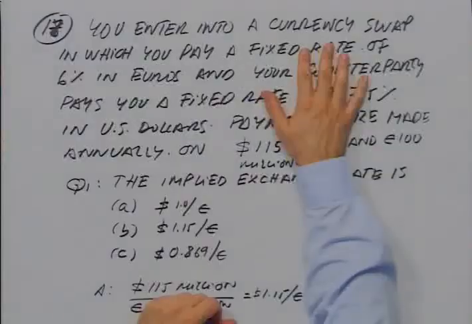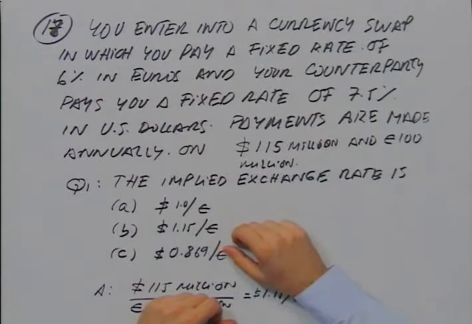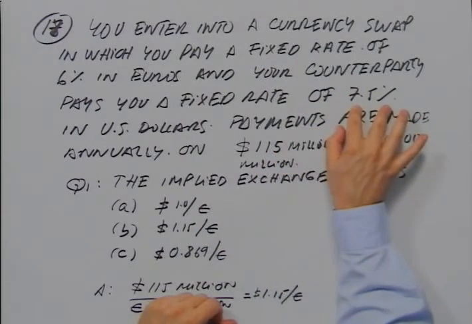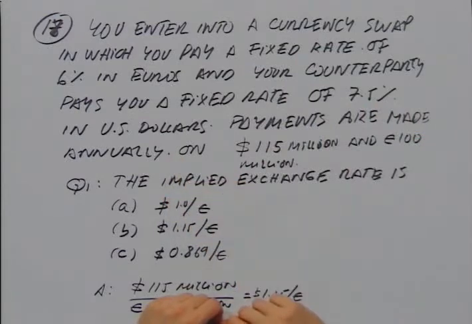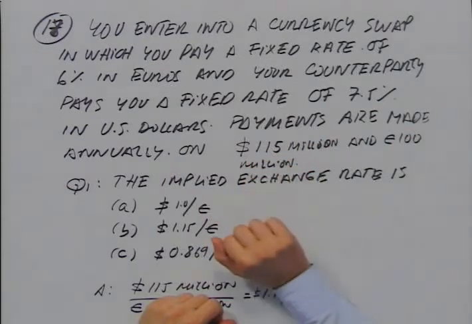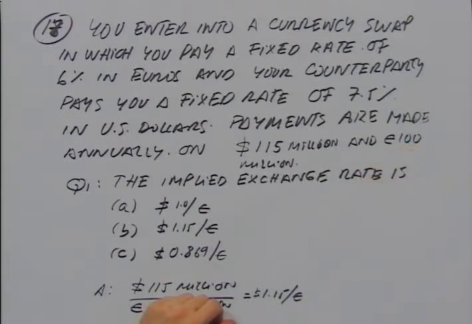Now, suppose you enter into a currency swap in which you pay a fixed rate of 6% in euros, and your counterparty pays you a fixed rate of 7.5% in US dollars. Payments are made annually on $115 million notional and 100 million euros notional.